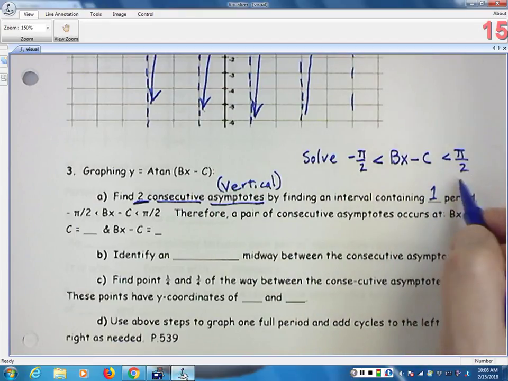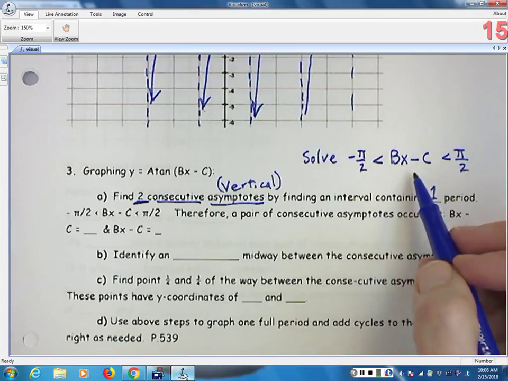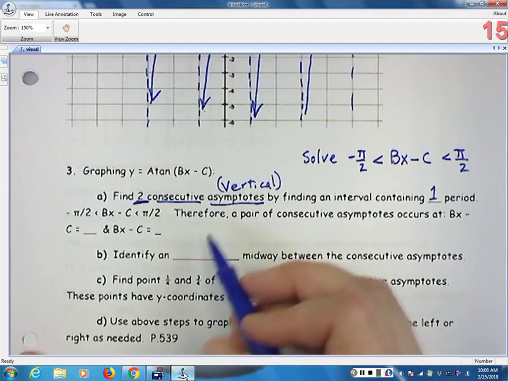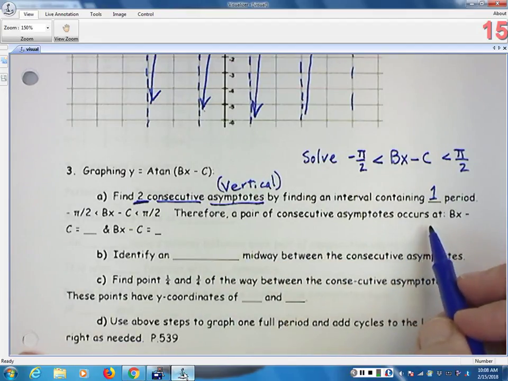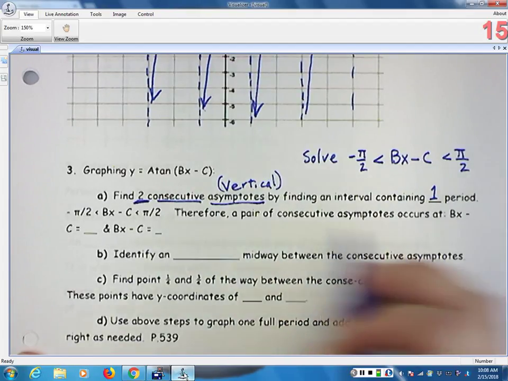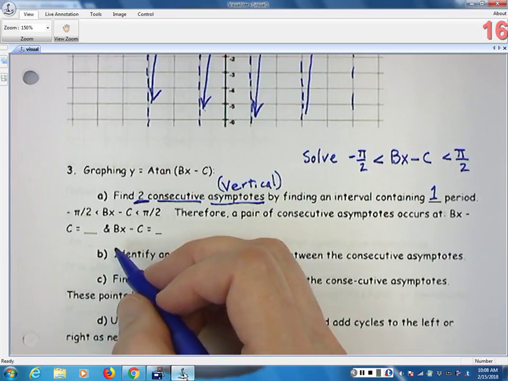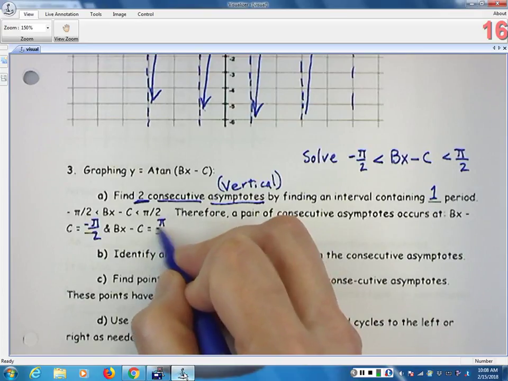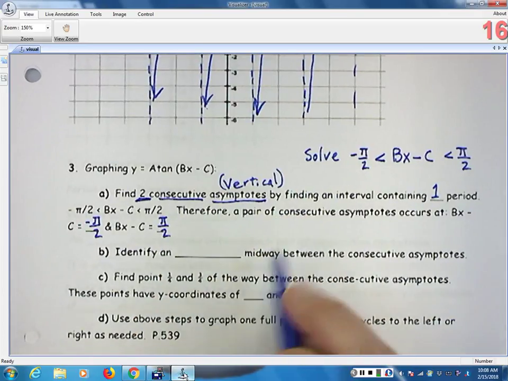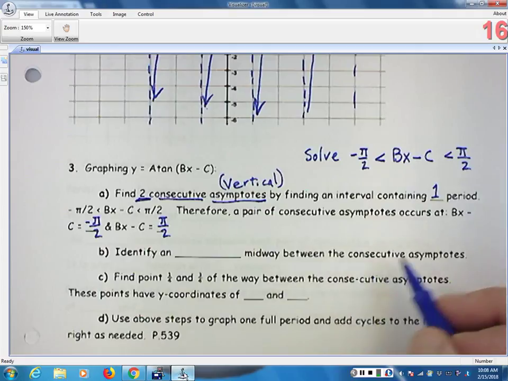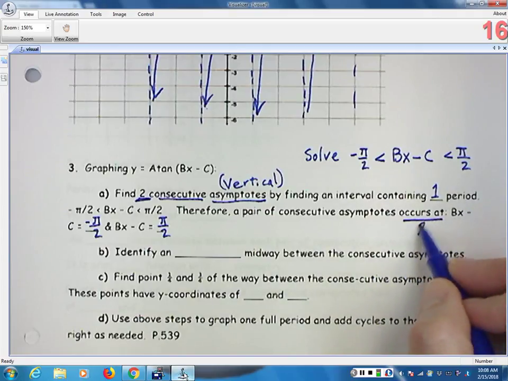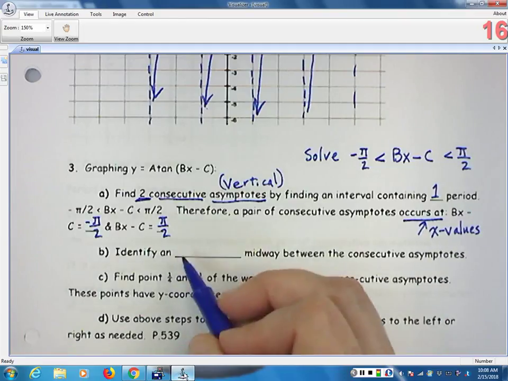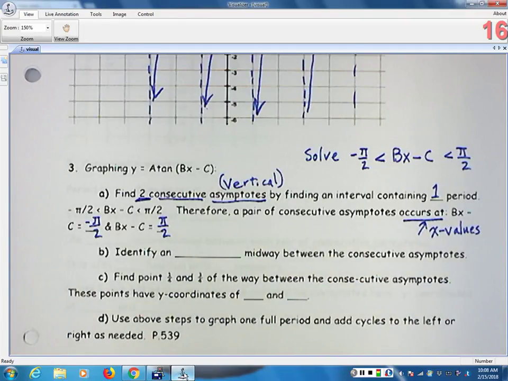We will solve that for x. We'll add c and we'll divide by b. Therefore a pair of consecutive asymptotes occurs at bx minus c equals minus pi over 2 and pi over 2. These are our x values where the vertical asymptotes occur. It is not just a regular tangent x function.